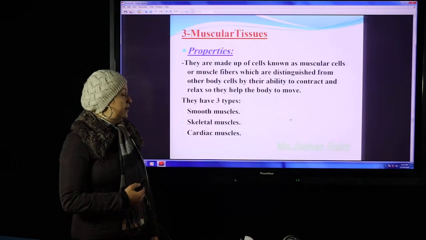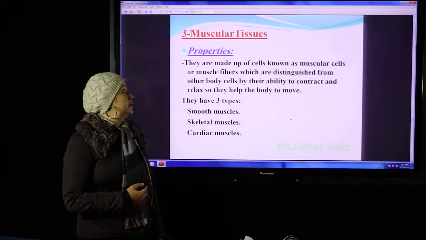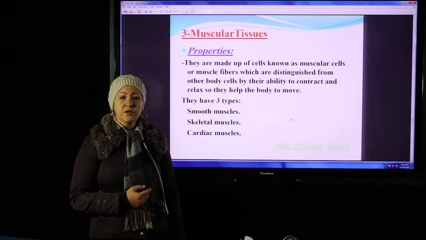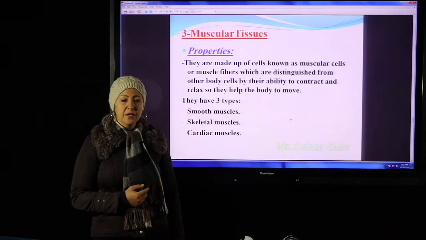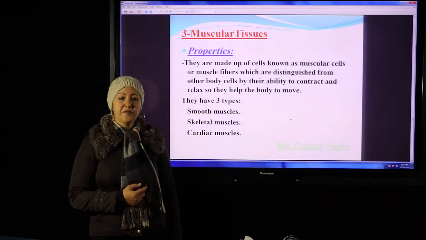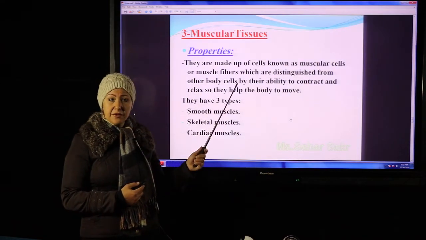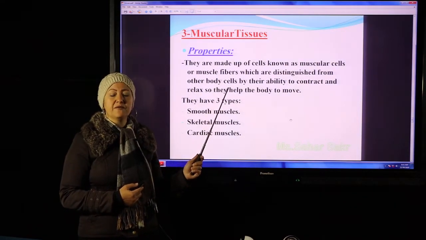Okay. The next type of tissue inside humans and animals is the muscular tissue. What is the muscular tissue? It is the tissue that forms the muscles. It is made up of cells called muscle cells or muscle fibers.